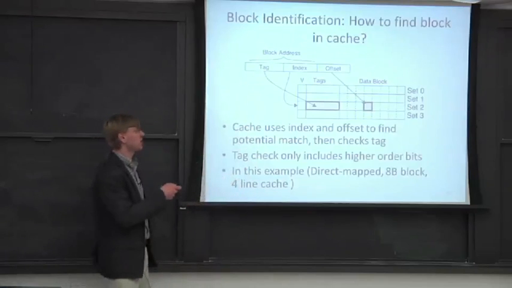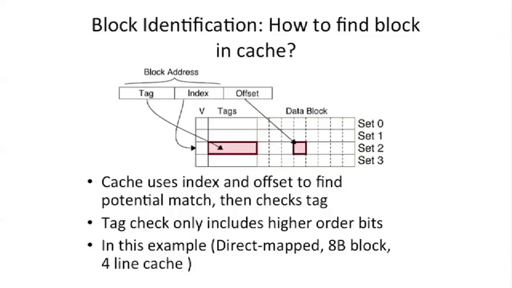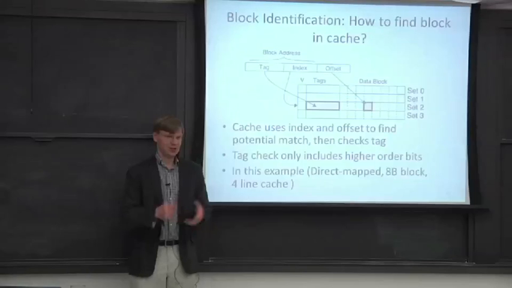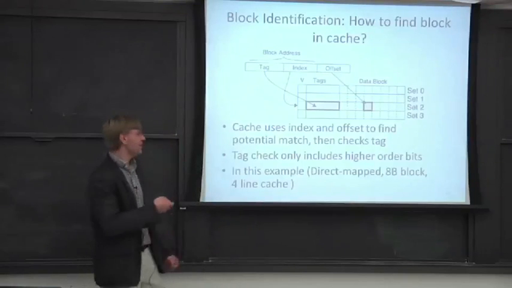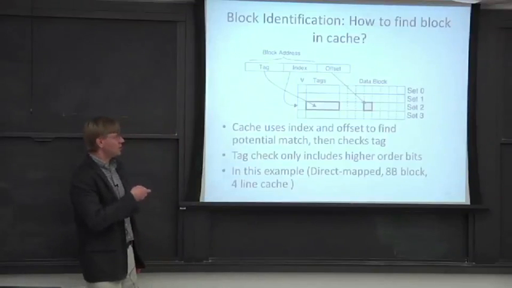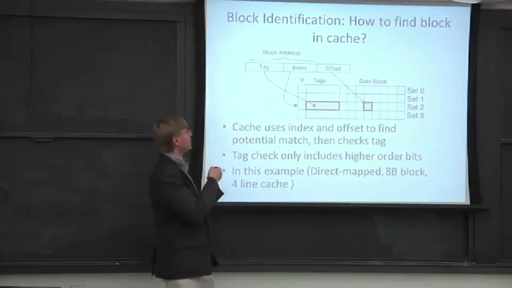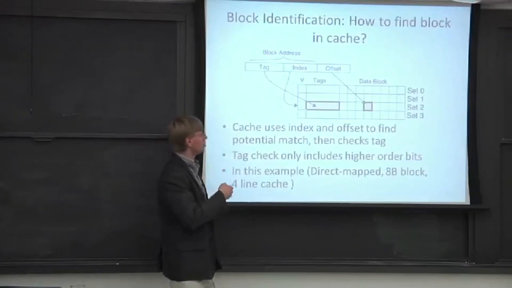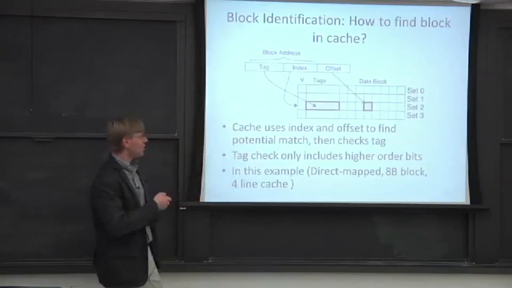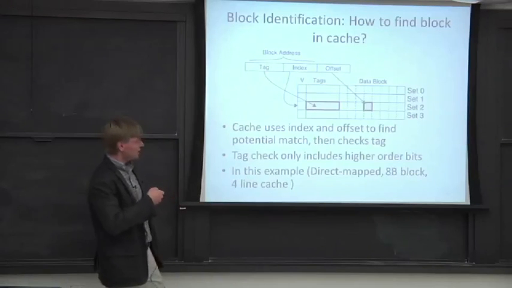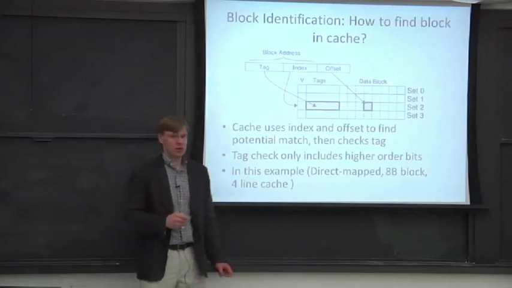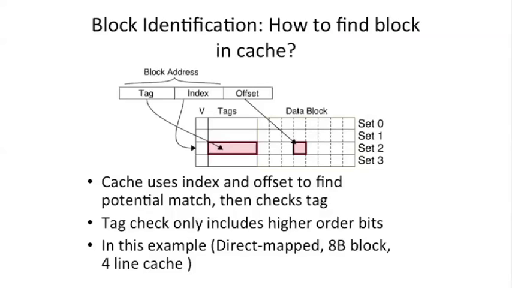But the basic hash function here is we're going to take the index. So in this cache, let's say it has 4 entries. How many bits are in this index? 2, yes. OK, so 2 to the 2 is 4. So this indexes into here and chooses one of these 4 locations. And then finally, this tag information is used to compare against the tag that we store. And that will say whether this address is actually in the cache right now, or if we have to go out to main memory.